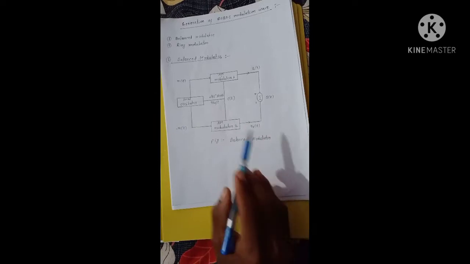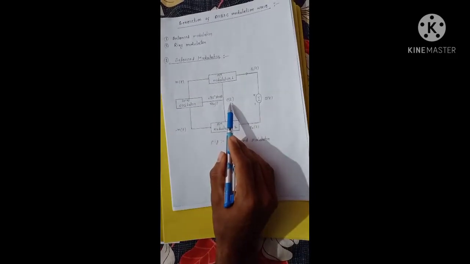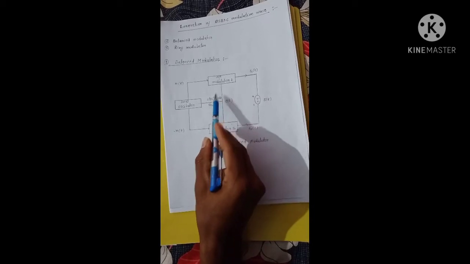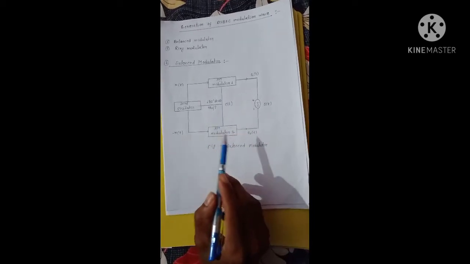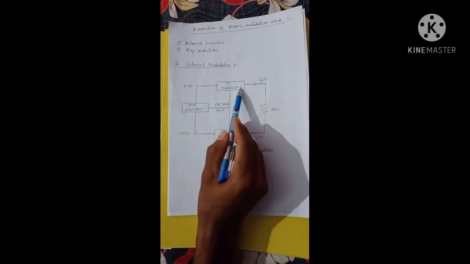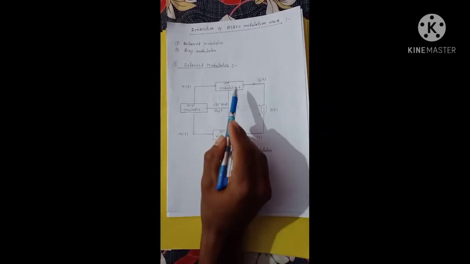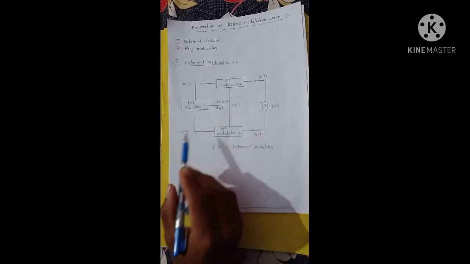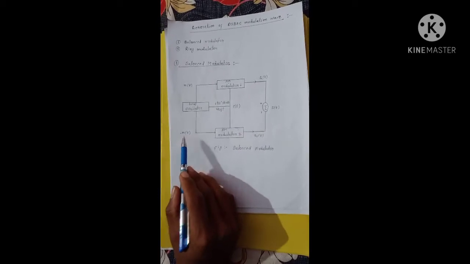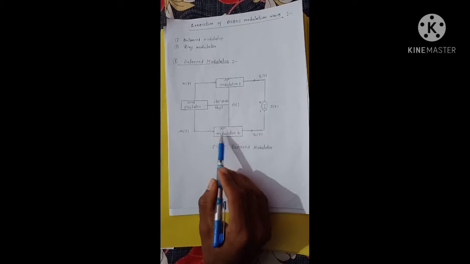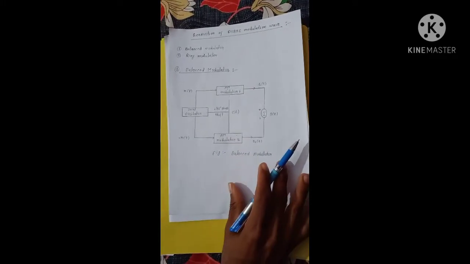Now the carrier signal c(t) is applied at the input of both modulators, and the modulating signal m(t) is applied at another input of the upper AM modulator first, whereas -m(t) is applied at another input of the lower modulator second.